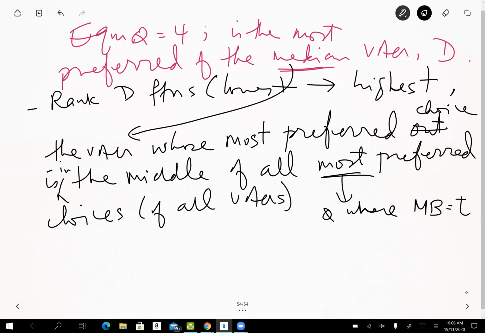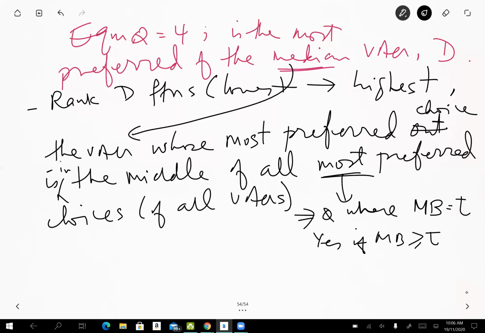If you recall, our criterion of voting is that we vote yes if the marginal benefit is bigger or equal to T. If the marginal benefit is exactly T, that is our most preferred choice. For any person, there will be one choice that is his most preferred one.